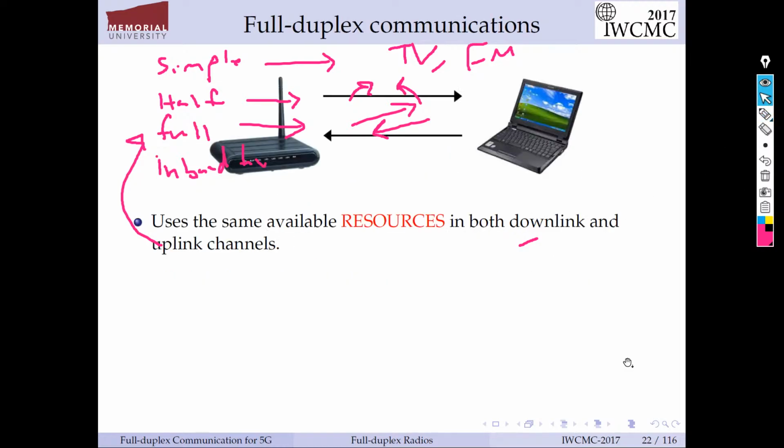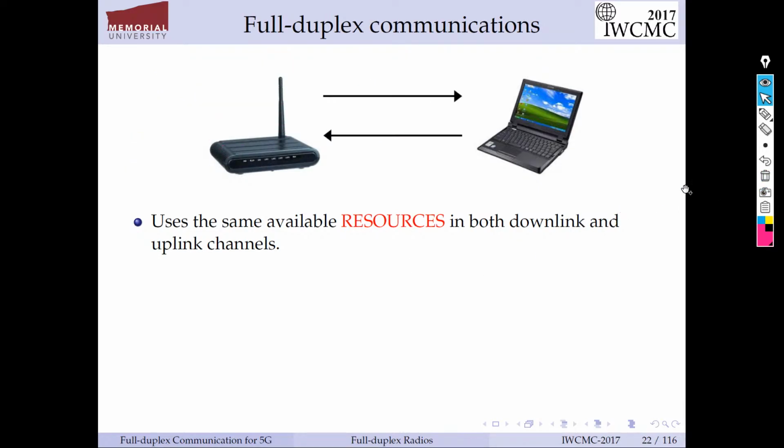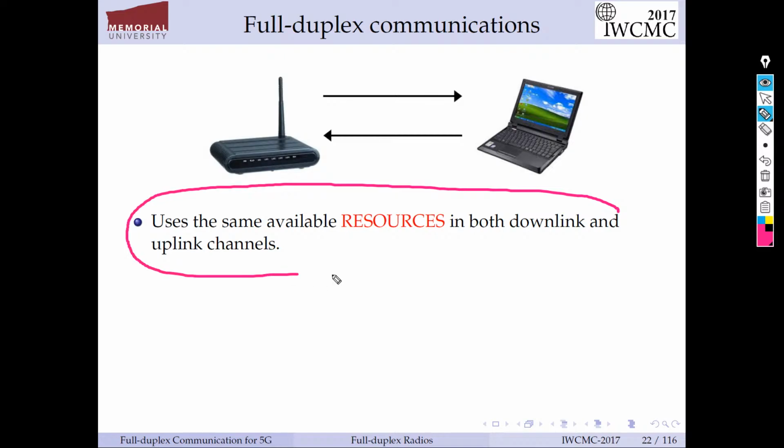But to use the same available resources in both downlink and uplink, this is something new. This is something that's radically different from the previous schemes. So this definition, which states that you can transmit and receive simultaneously using the same resources, is what we call in-band full duplex.